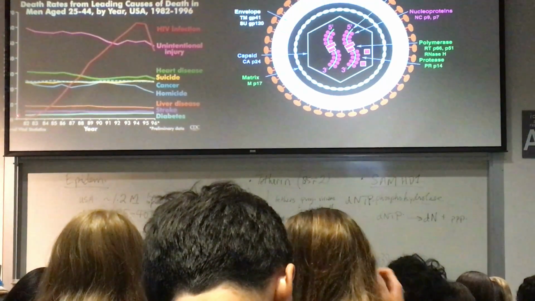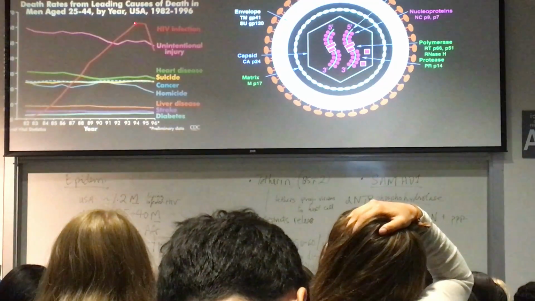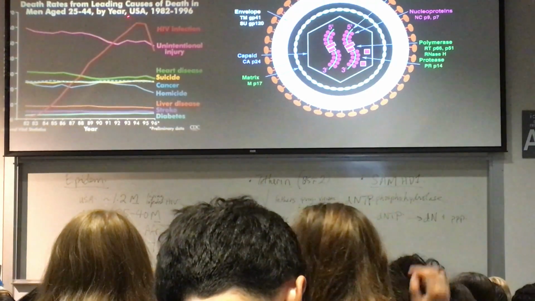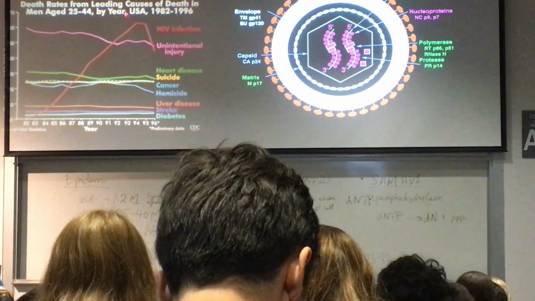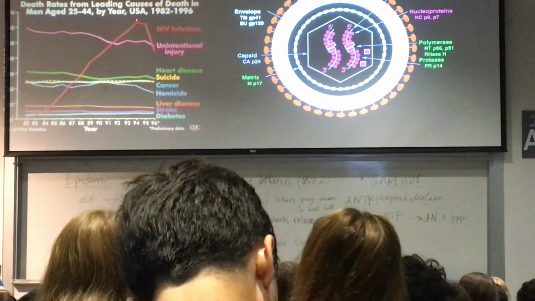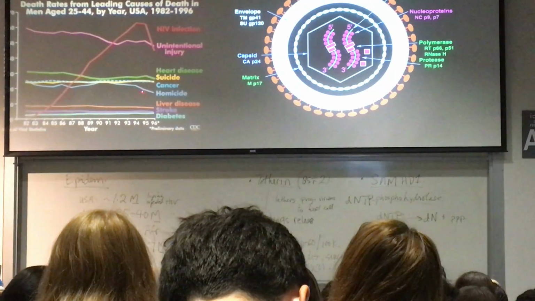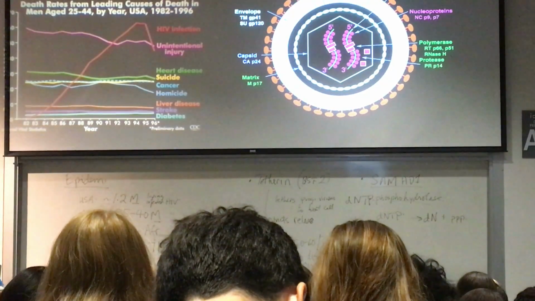So we went from the time of recognition in the early 80s to the mid-90s, when HIV infection became the major cause of death in males in the U.S. And then it plateaued and went down.